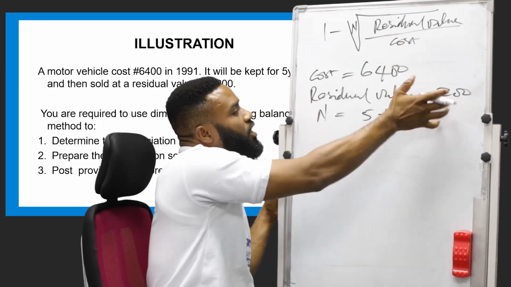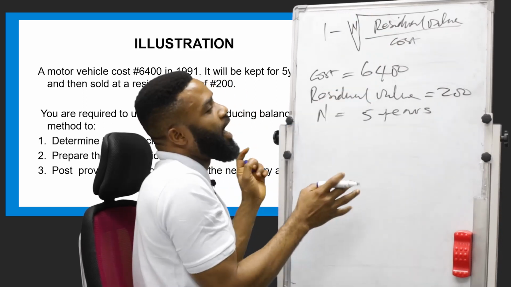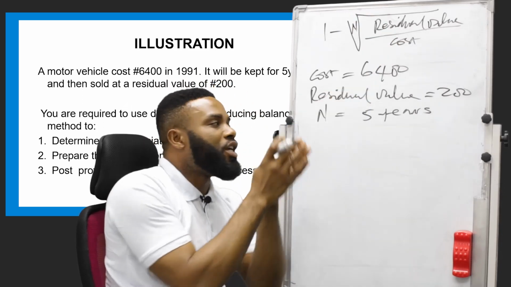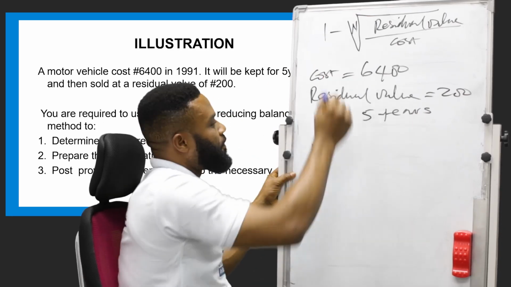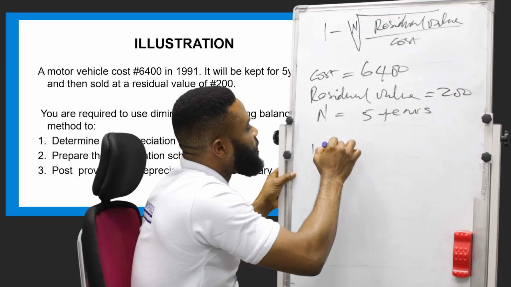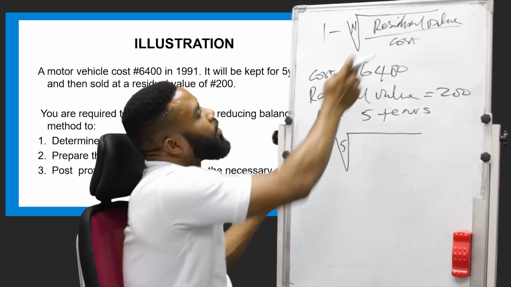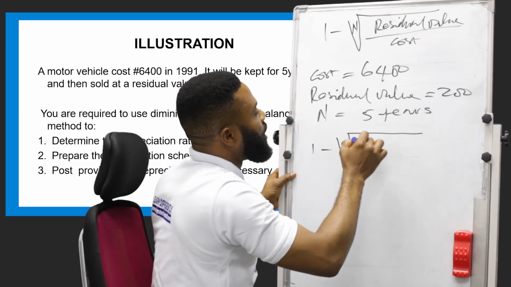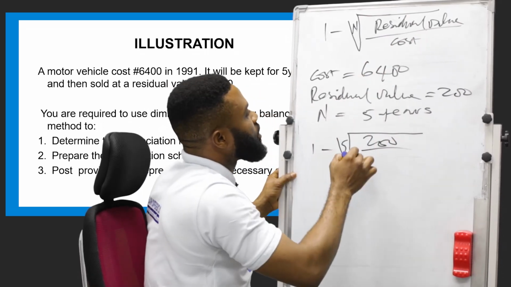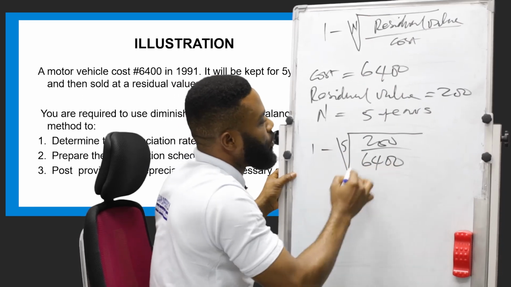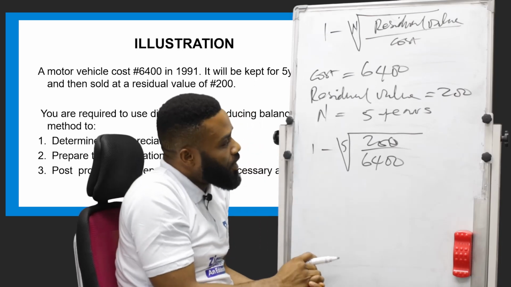So we are going to put these figures into this formula and see what it will give us. Now let's go. We say 1 minus the fifth root, since n here is 5. It's going to be the fifth root of residual value, 200, all over cost, 6,400. Use simple mathematical formula to get this.